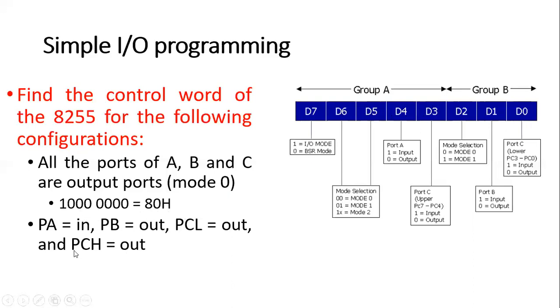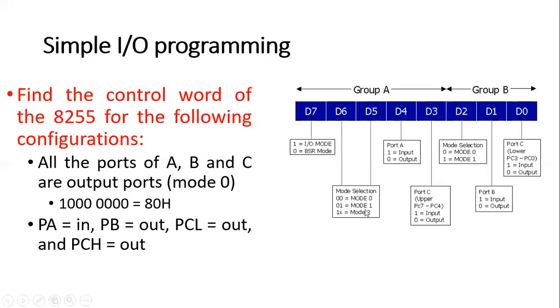Similarly, for PA as input, that is port A is input, and all other ports are output. Then what do you have to do? Here D7 is 1 for in-out mode, and these two mode bits are again going to be 0. But what is D4 now? It should be 1 because port A is going to be your input. Then all these are going to be output, so it will be 0, 0, 0, 0.